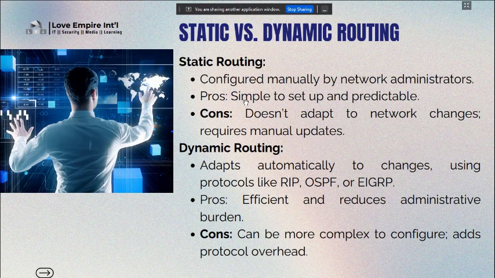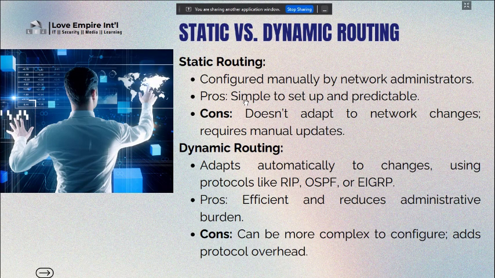Then we have static versus dynamic routing. I think we have discussed this somewhere. Static means manual. The disadvantage of static routing is that it doesn't adapt to network changes. So if over time the network changes, you have to come and manually make your own changes. But for dynamic routing, if the network changes, it will change with it.